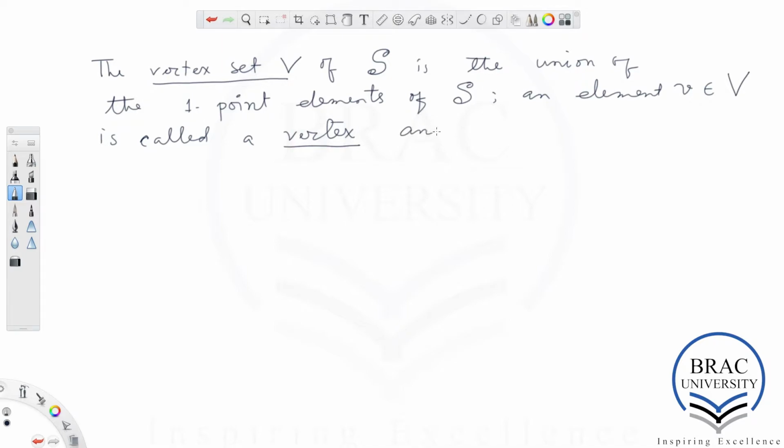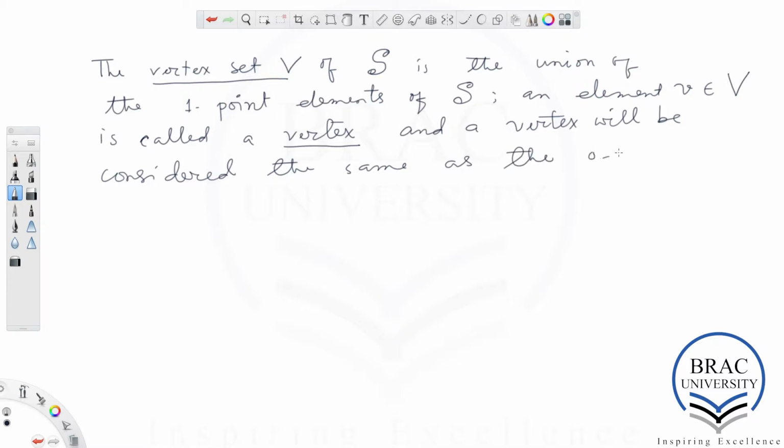And the vertex will be considered the same as the zero simplex, the singleton v in the abstract simplicial complex S.